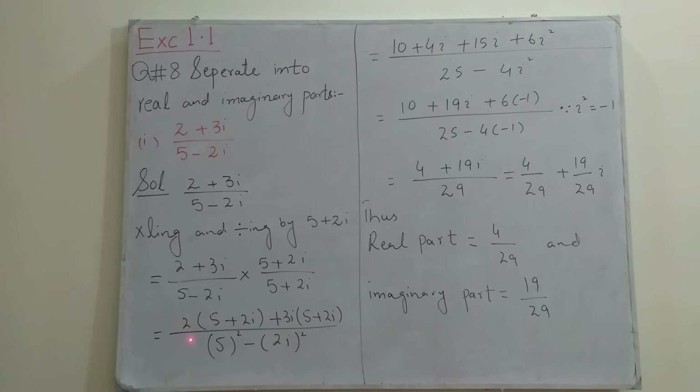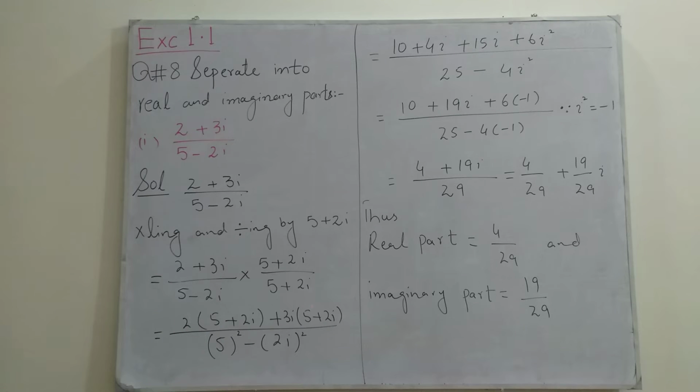Now multiplying, we have 5 2s are 10, plus 2 2s are 4i, plus 3i into 5 becomes 15i. 3i into 2i becomes 6i². Here 4i plus 15i gives 19i, and since i² equals −1, we will put i² equals −1.